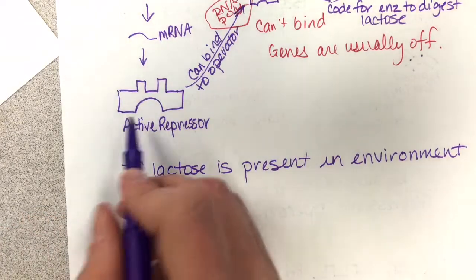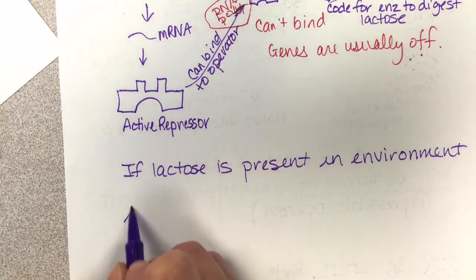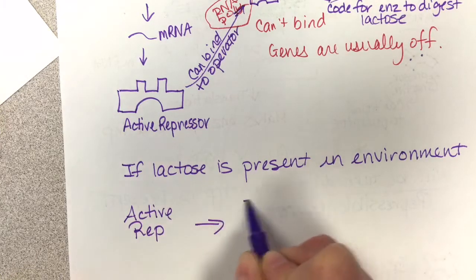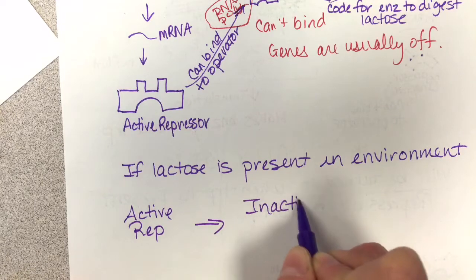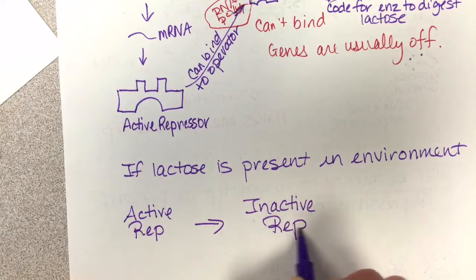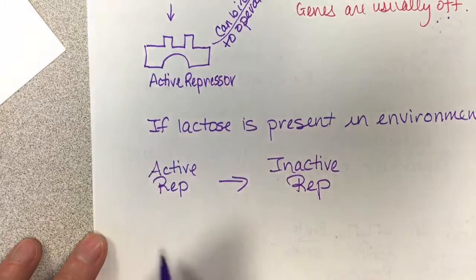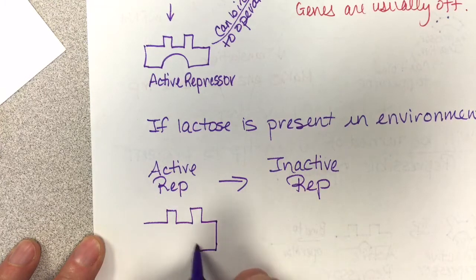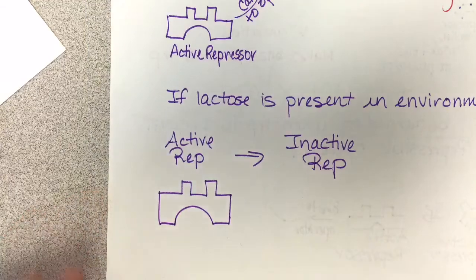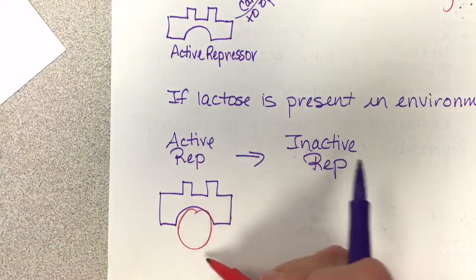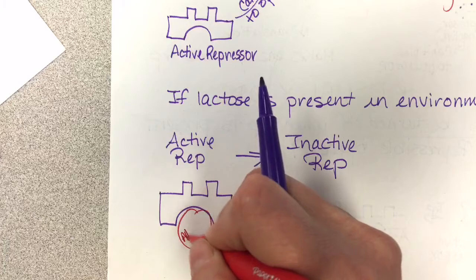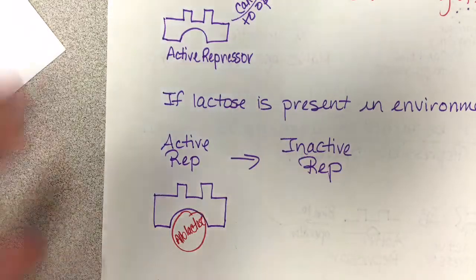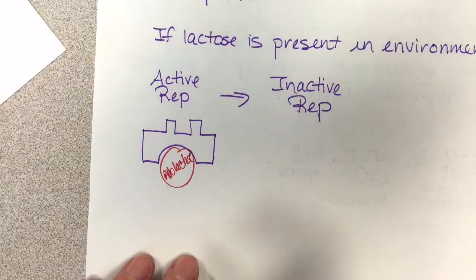We go from active repressor to inactive repressor. And so what does that lactose do? It binds to the repressor. So here's the active repressor like this. Actually, remember the isomer, allolactose, that's only present if lactose is present. So that tells us that lactose is present.